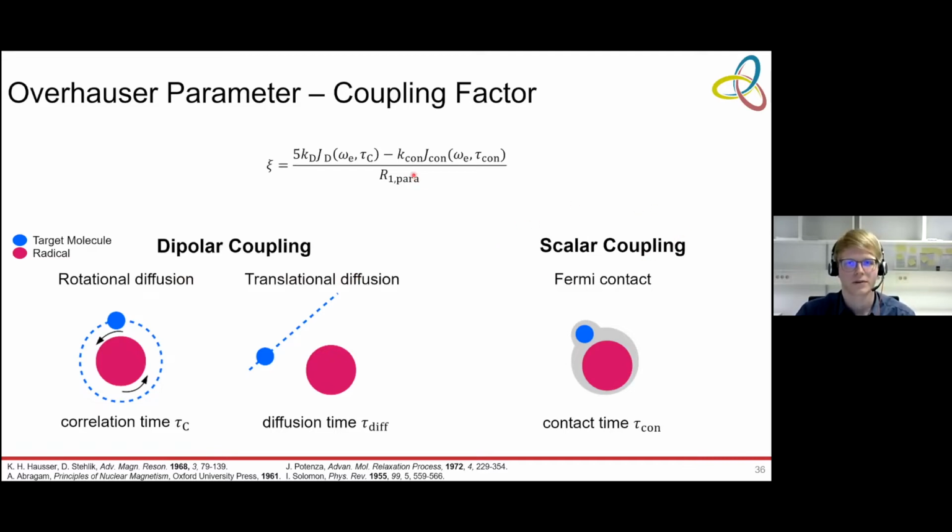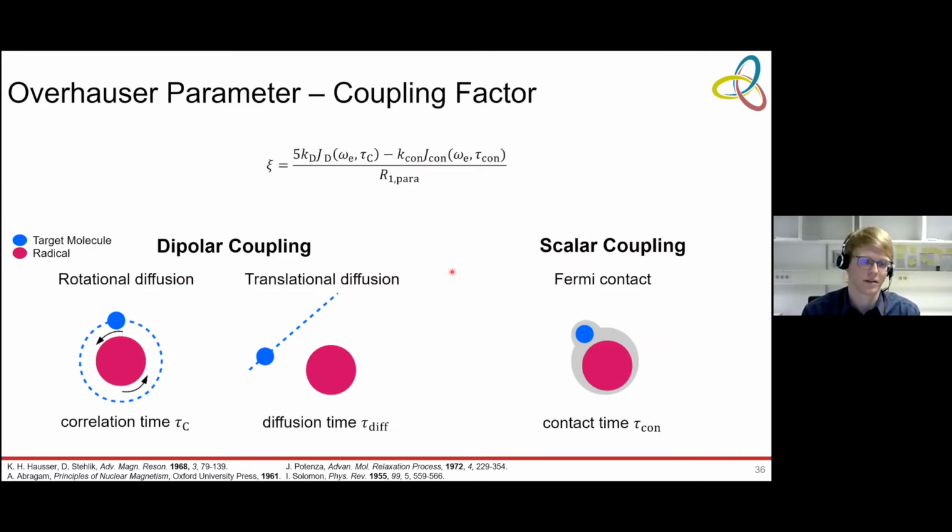And then for the contact part, we have the scalar coupling, which is usually modulated by molecular collisions. So these three motions can modulate our hyperfine coupling on different time scales.